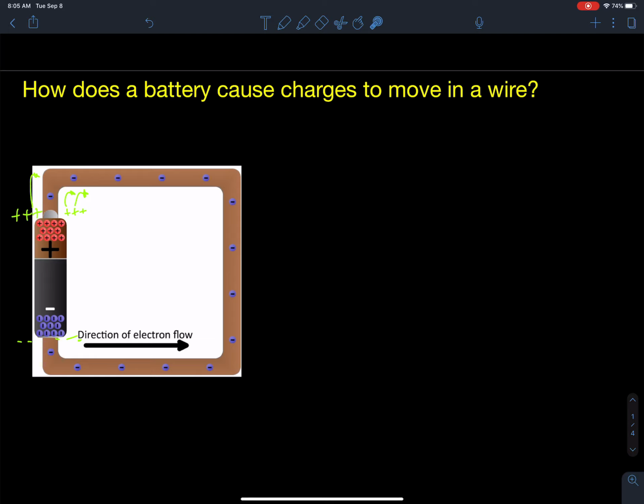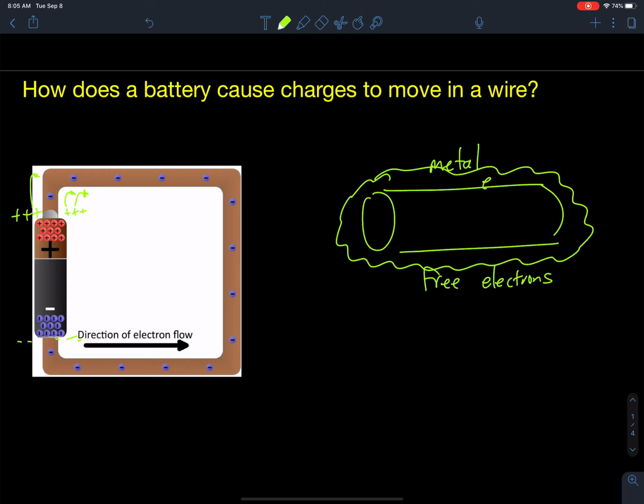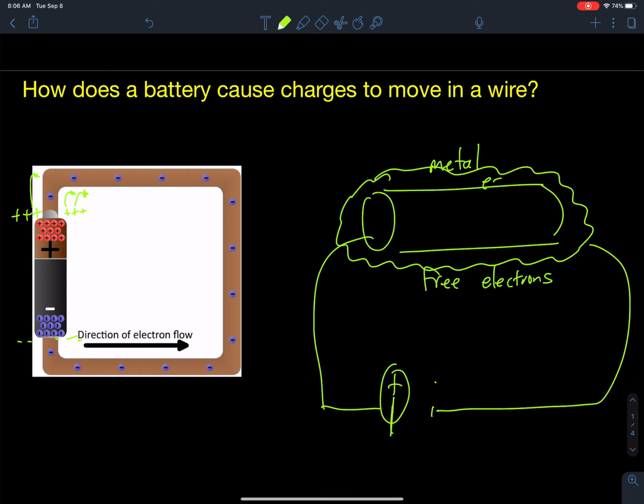So if I connect a battery to a conductor, remember, like metal, has free electrons. The electrons are like a cloud around that metal. They're freely moving. So if I connect a battery, this is my plus side, and this is my negative side.